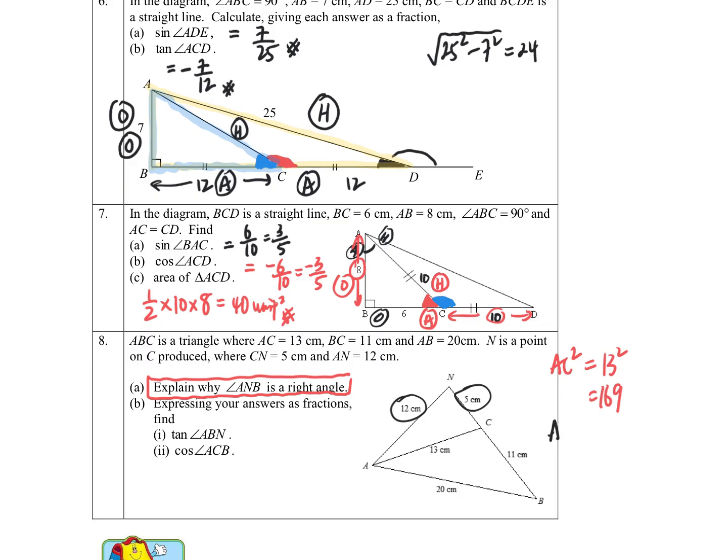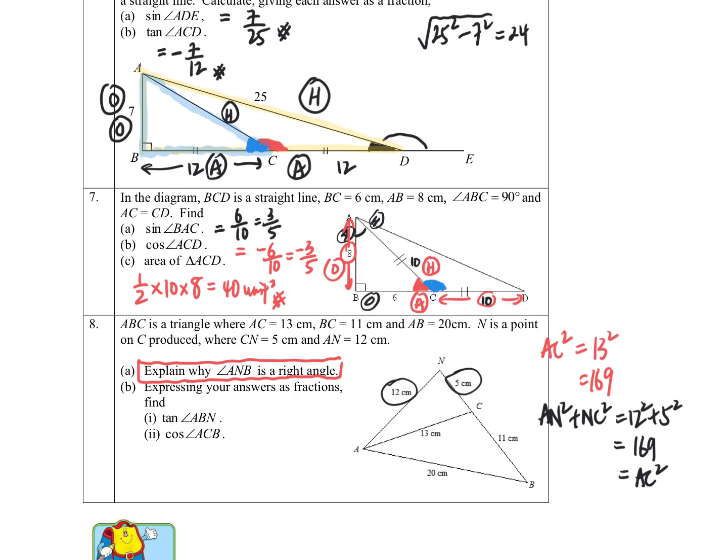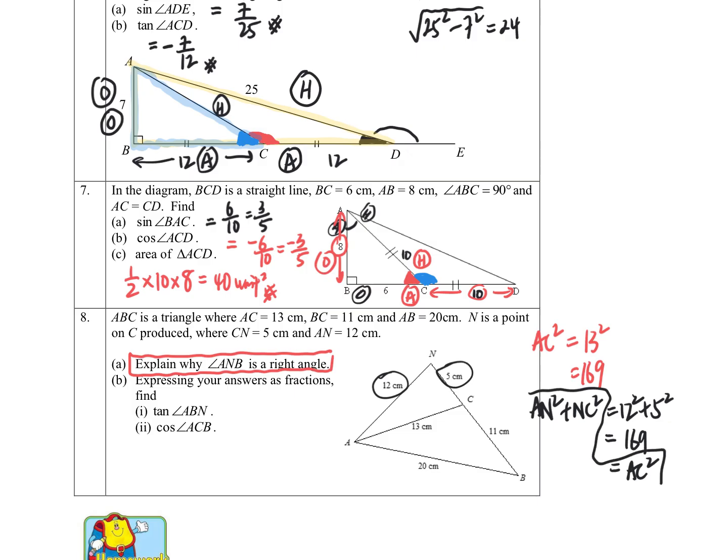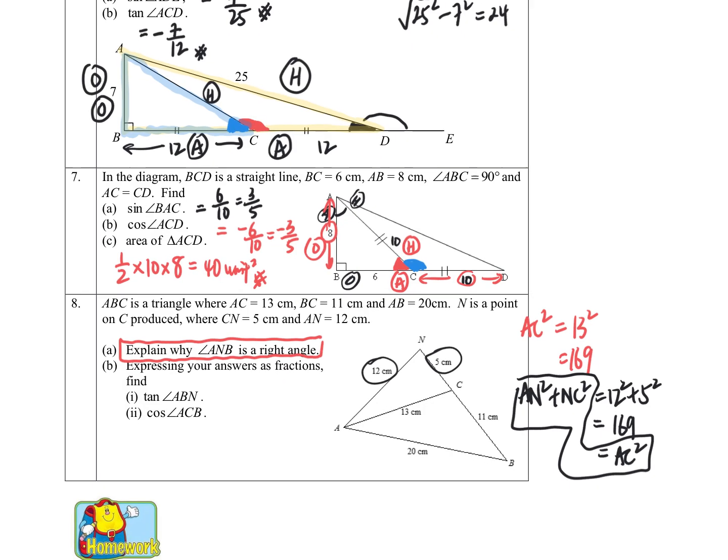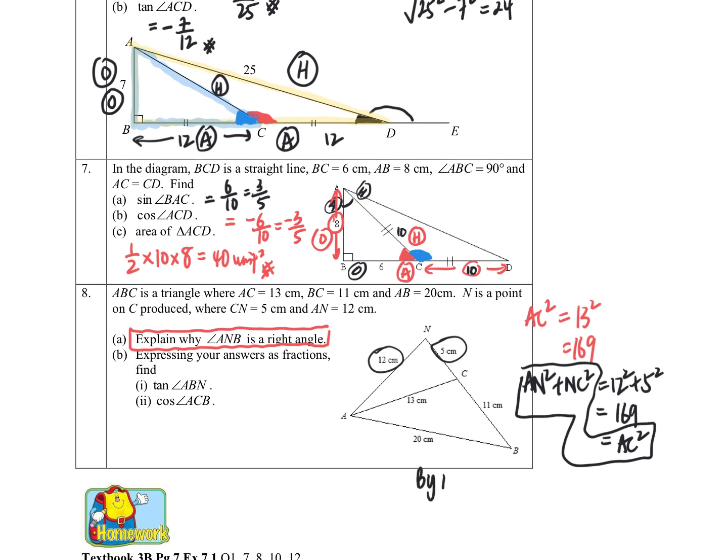So you have to write this, AN square plus NC square is 12 square plus 5 square. You are supposed to prove. So you cannot tell me straight away 12 square plus 5 square equals 13 square. That's not proving, you're just stating it. Okay, so 12 square plus 5 square is 169, which you realize is equal to AC square. So if you can establish this equivalence, then you can quote by converse of Pythagoras theorem.